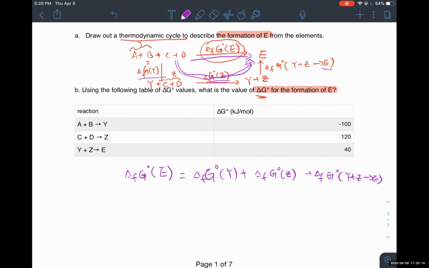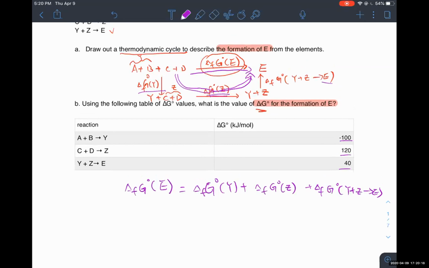And we can see from the table that we're given these 3 values. This one will be -100, this one will be 120, and this will be 40. So you guys can just plug in the numbers and find the changing free energy of formation of E.